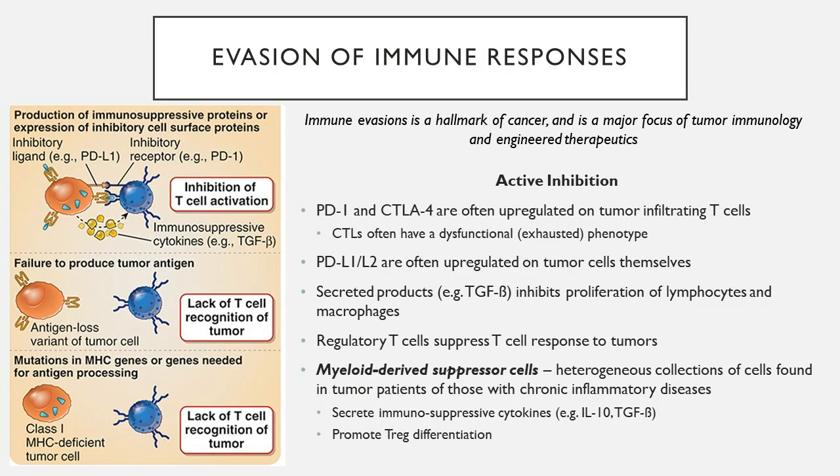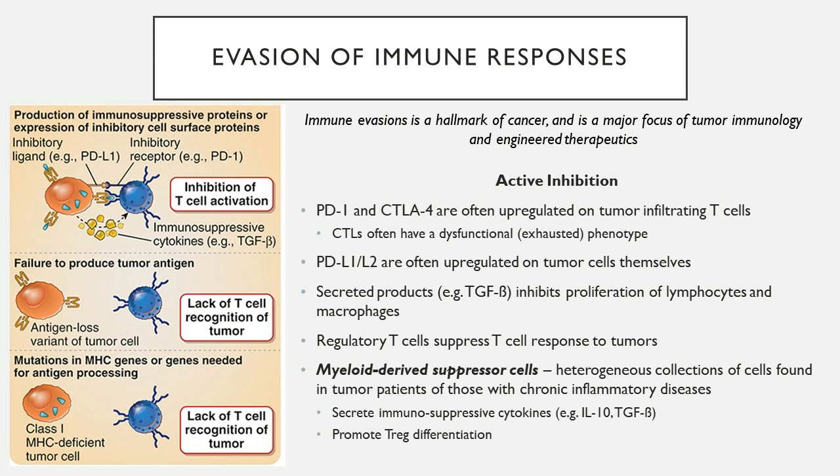Now, one of the hallmarks of cancer is the ability of cancer cells and tumor cells to evade attacks by the immune system. And so this is unsurprisingly a major focus of tumor immunology and engineering and design strategies for therapeutics. Now, tumor cell evasion strategies can be divided into two broad categories. The first one being what's called active inhibition.